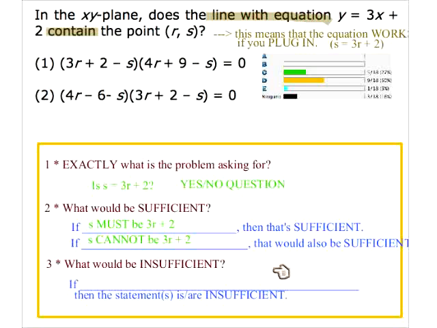This is a yes/no question. Insufficient means that has nothing to do with it. Sufficient means it either has to be yes or has to be no. Insufficient means it could be either one. So if S could be 3R plus 2, but could also be other than 3R plus 2, then the statement is insufficient.